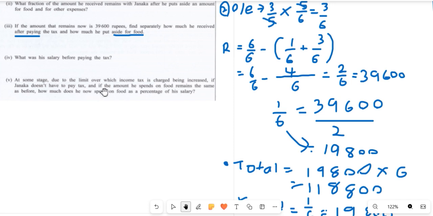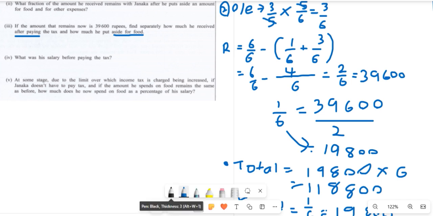If the amount he spent on food remains the same as before, how much does he now spend on food as a percentage of his salary? Now they are telling us that he doesn't have to pay the income tax, right?